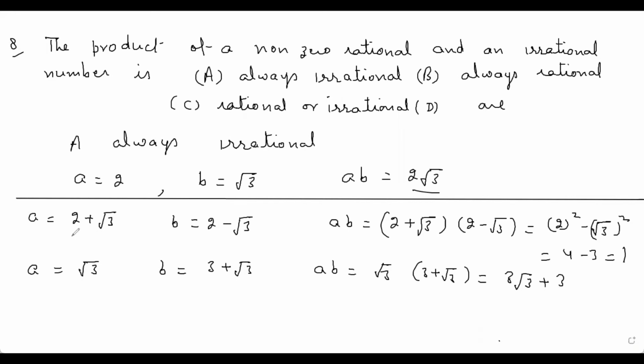In the first case both numbers are irrational, but their product is rational. In the second case both numbers are irrational and their product is again irrational. It means if both the numbers are irrational, their product may be rational or irrational. But if one number is rational and one number is irrational, then their product is always irrational.